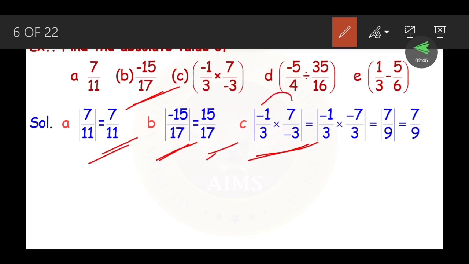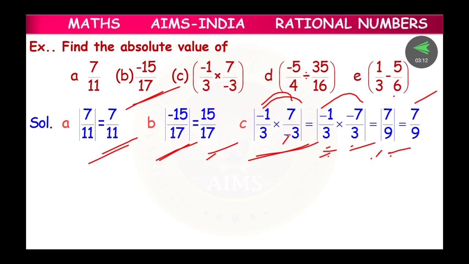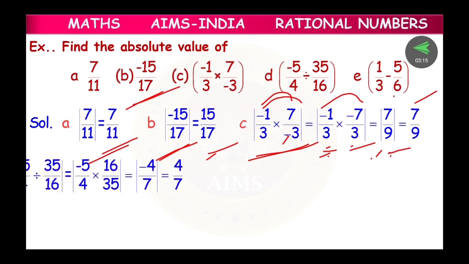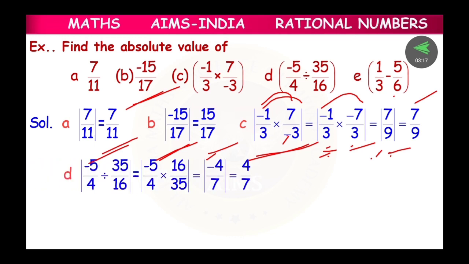Minus 1 by 3 is there, 7 by minus 3 is there. Here minus 1 by 3 is okay. This minus part, we are keeping it up, so it will become minus 7 by 3. After multiplication, minus 1 into minus 7 will become 7. 3 3s are 9. So the modulus value of 7 by 9 is 7 by 9.